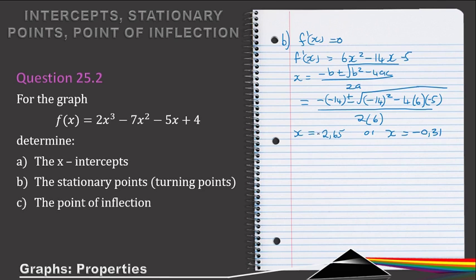Okay, so now we want the coordinates. So to get the y values, we substitute into our original graph 2.65, and that is then 2 times 2.65 cubed minus 7 times 2.65 squared minus 5 times 2.65 plus 4.